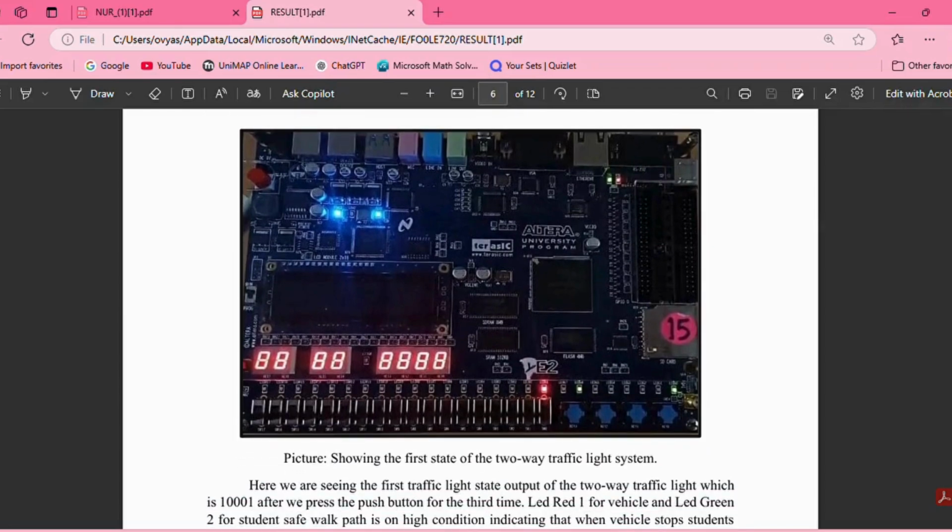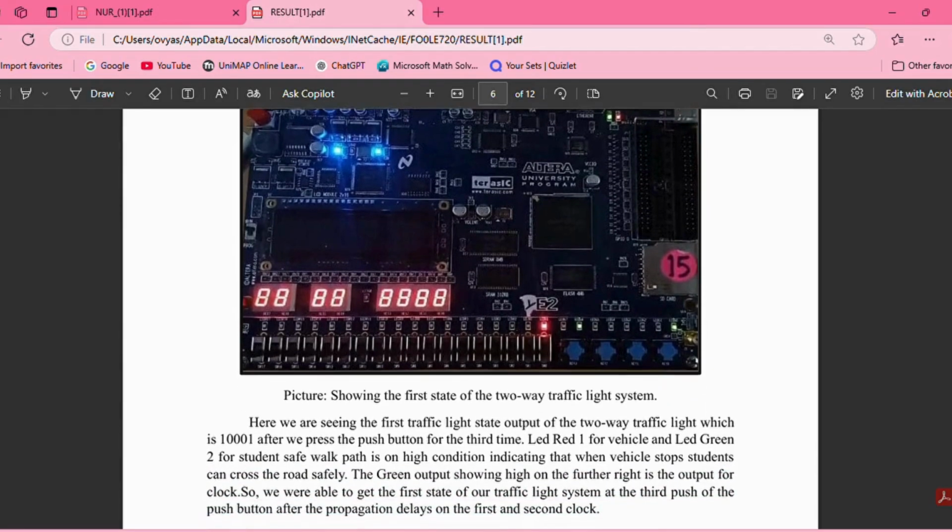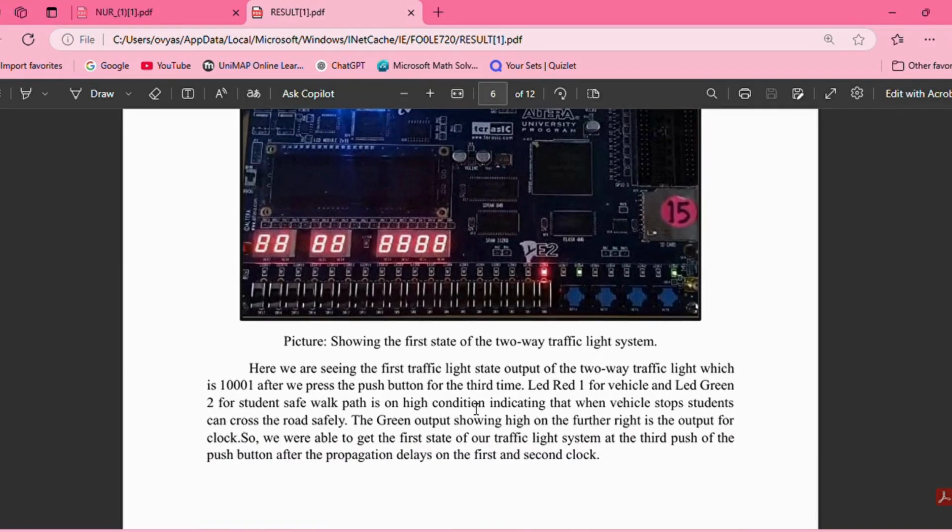This picture shows the first state of the two-way traffic light system that mainly focuses on the student safe walk path. Here we are seeing the first traffic light state output of the two-way traffic light, which is 10001.